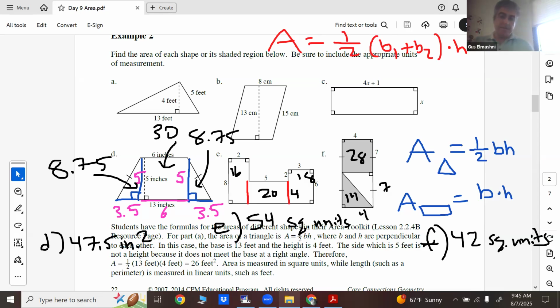You can get away with that because what you're doing is taking one of the bases and chopping it up and creating these triangles. If I were to work that out, 1/2 of 13 plus 6 times 5, 19 times 5 divided by 2, I get 47.5.